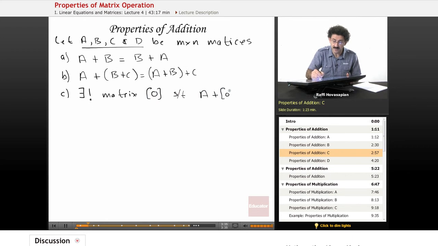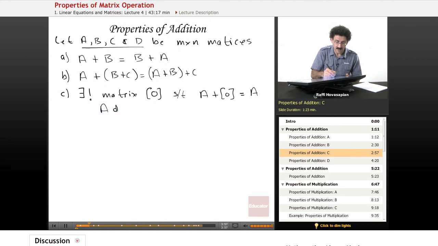A plus the 0 matrix equals A. And this serves the same function in matrices as the 0 does in numbers. So in other words, 5 plus 0 is still 5. This is called the additive identity. Additive because we're dealing with addition, identity because it leaves it the same. A over here on the left side of the equality sign, A over here on the right side of the equality sign.